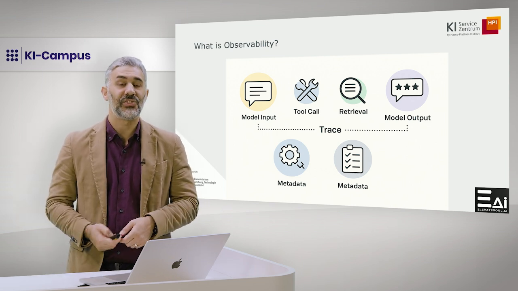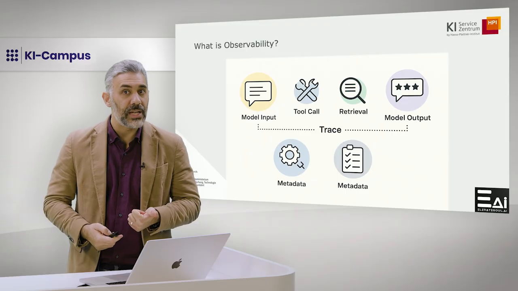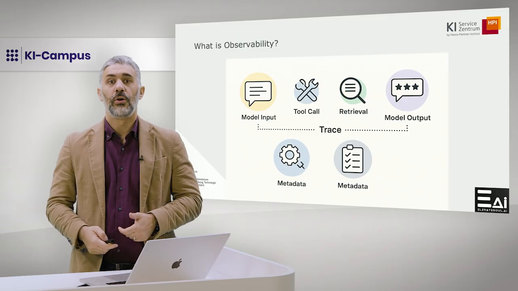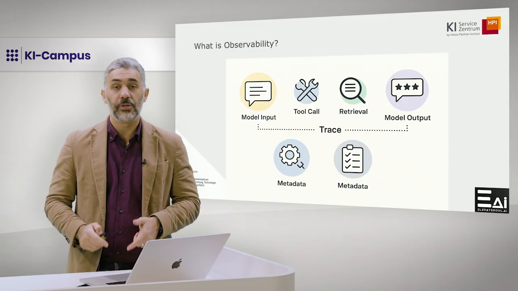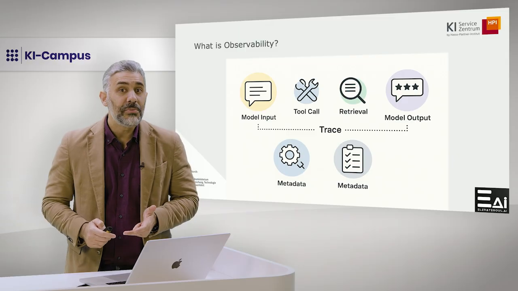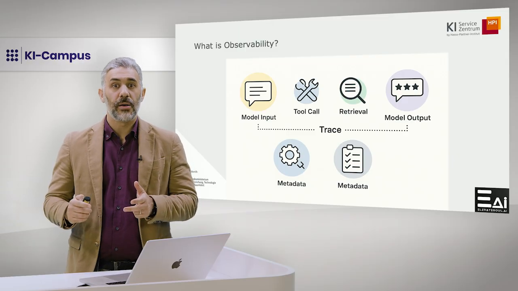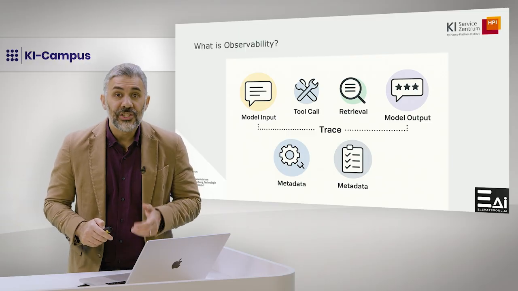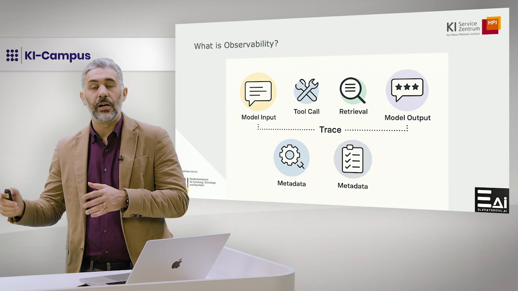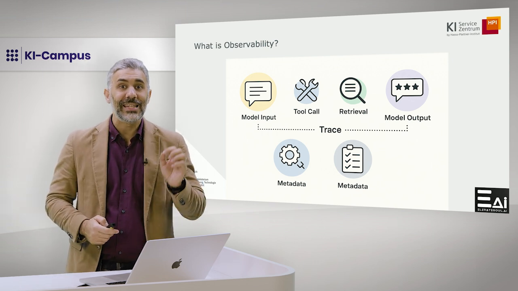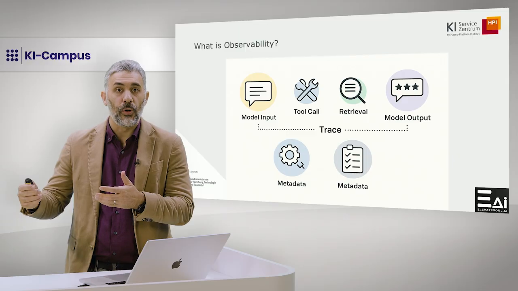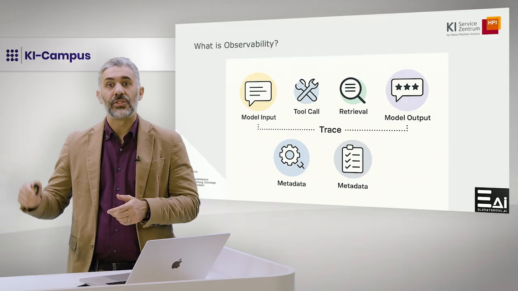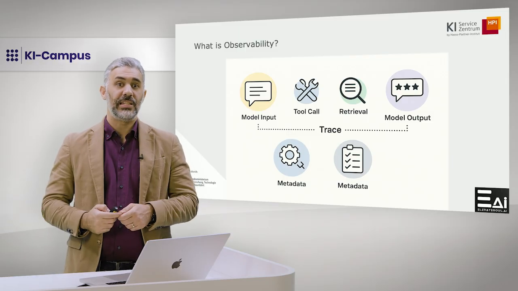Here, observability means capturing model inputs and outputs, every message, prompt, and response; tool calls, what was called, with what parameters and why; intermediate reasoning steps, chain of thought summaries, or decision traces when available; retrieval events, what documents or data were retrieved; timing and latency information, where the workflow slows down; and metadata, user context, model versions, environment details.